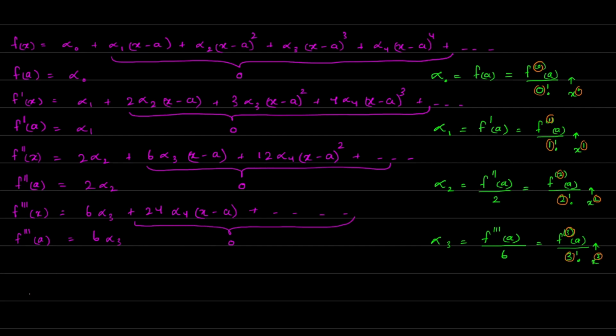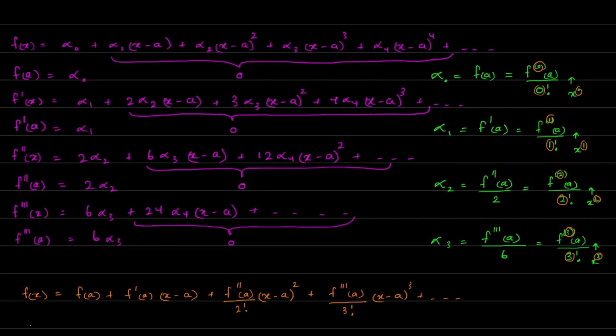So with this result, we can easily write that f(x) can be approximated as f(a) plus f'(a)(x minus a) plus f''(a) divided by 2 factorial (x minus a) squared plus f'''(a) divided by 3 factorial (x minus a) cubed, and this keeps on continuing infinitely.